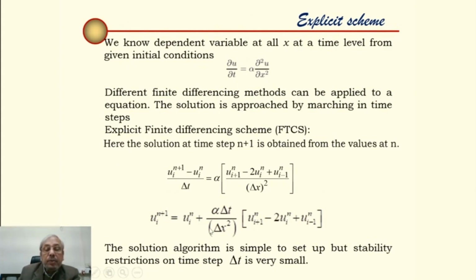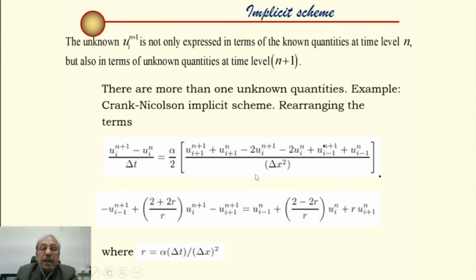In the explicit scheme, we move from point to point, and for every point we can evaluate the value from the values of the same variable at the previous time level, which are known values, and other geometrical parameters and physical properties. Here it is thermal diffusivity.